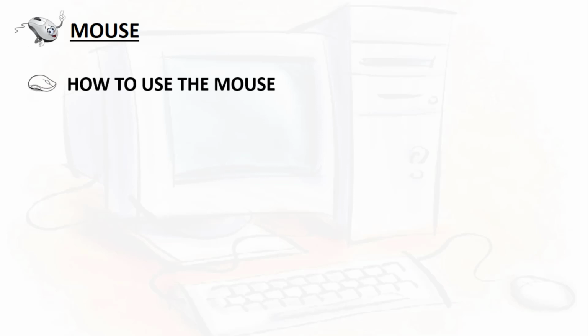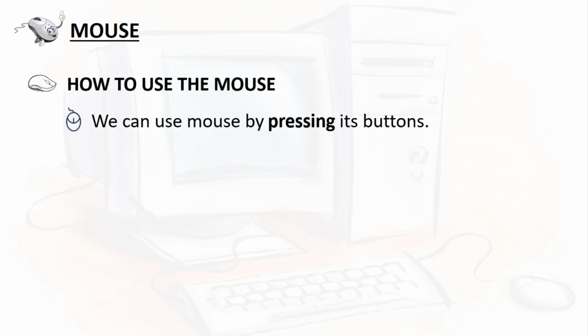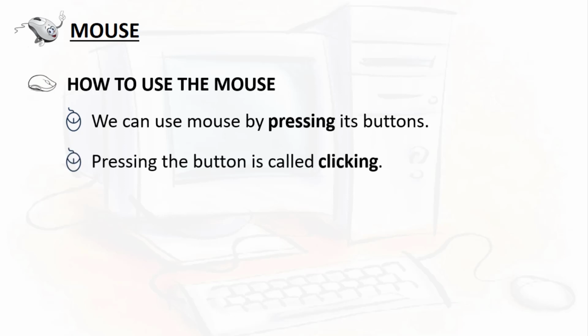Let us see how we can use this mouse. We already learned how to hold a mouse. Now we are going to learn how to use the mouse. We can use the mouse by pressing its buttons. How many buttons are there? Yes, three buttons: left, center button or scroll wheel, and the right button. Pressing the button is called clicking.